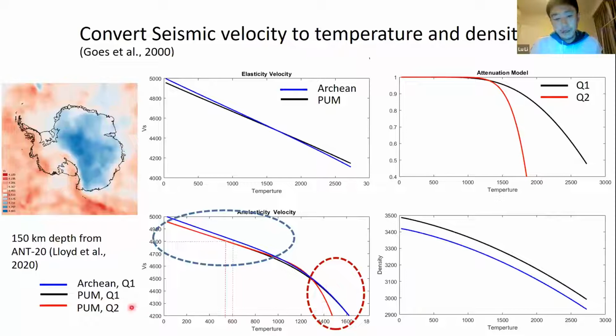But in the low velocity, high temperature area, the temperature difference is dominated by the choice of attenuation model. So if we want to understand the thermal structure in West Antarctica, we need to better estimate the attenuation model to understand this low velocity area.